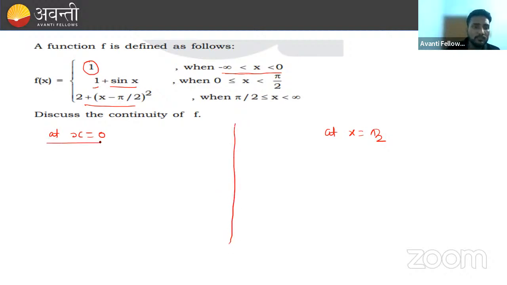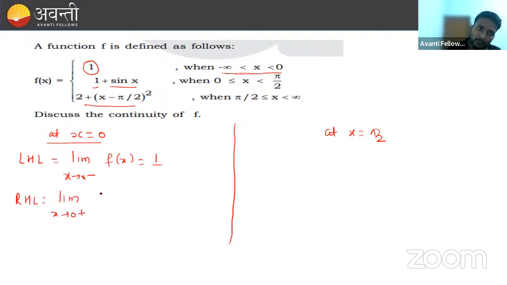So at x equals 0, if I check LHL, the limit as x tends to 0 minus, the function value is 1. If I have to find RHL, it is 0 plus, so it is 1 plus sine of 0 plus h, so 1 plus sine h as h tends to 0.